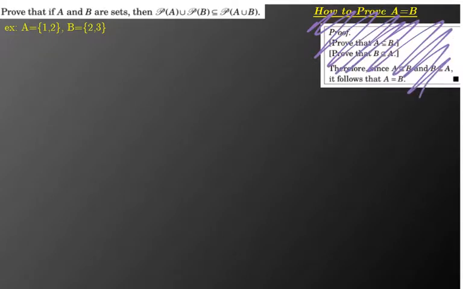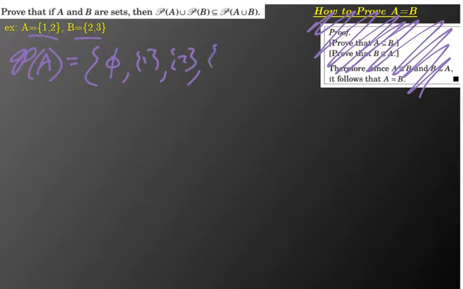If you have these two sets and I wanted to find the power set of A, it would literally be the set of all subsets. The empty set is a subset. Then you could have a set with just 1, just 2, those are subsets of this set {1, 2}. Then you could have the full set. Everything is a subset of itself.